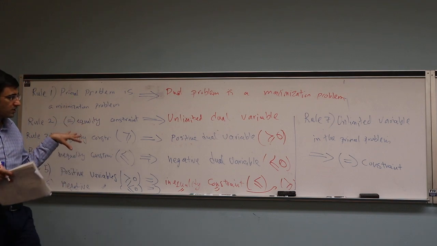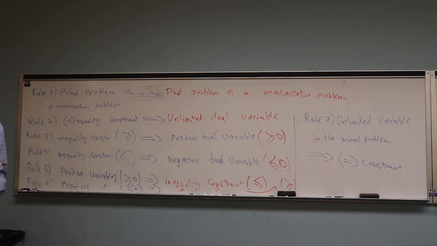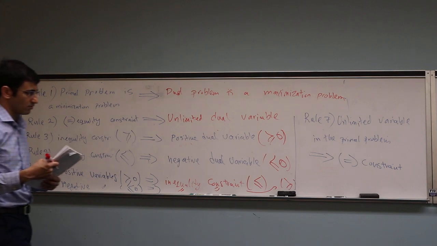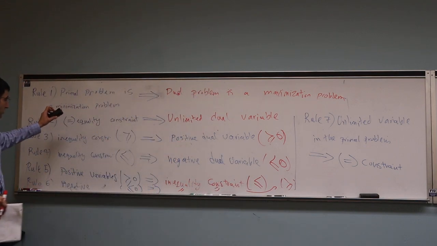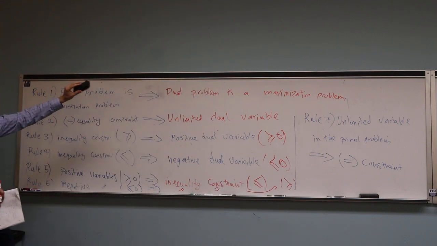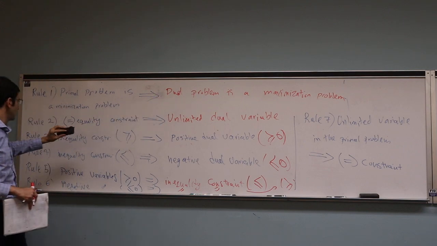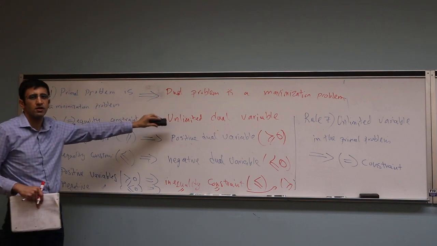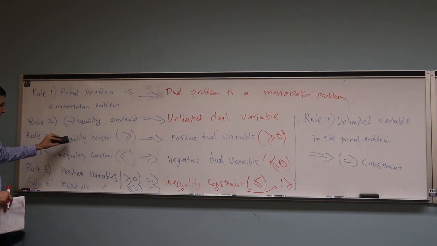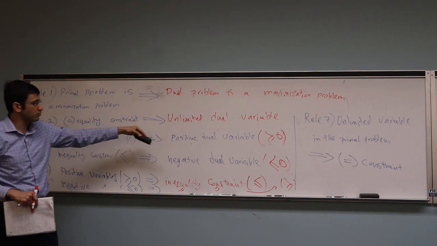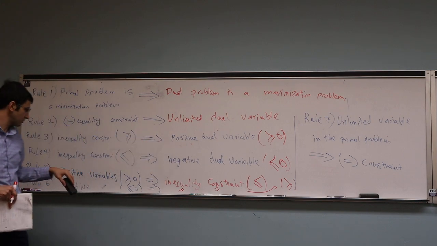All right, given all of these rules, I'm going to apply them to an example. This way you will have a better idea of how to apply them. If the primal problem is minimization, the dual will be maximization. If you have an equality constraint, you have an unlimited dual variable. If you have an inequality constraint, it leads to positive or negative dual variables.